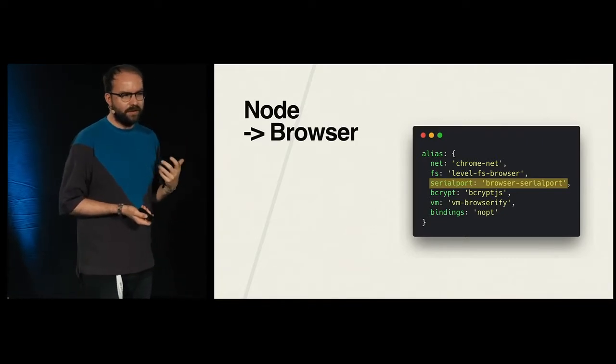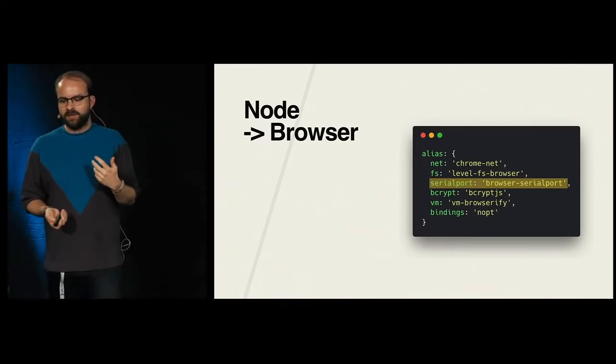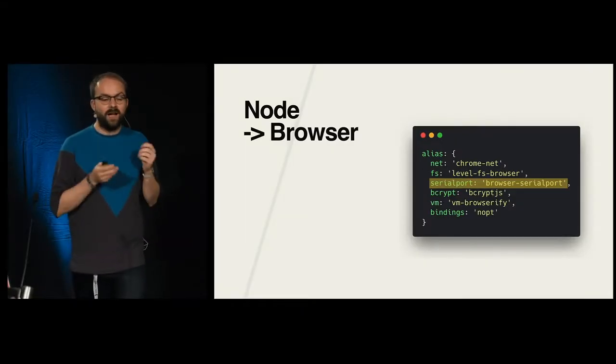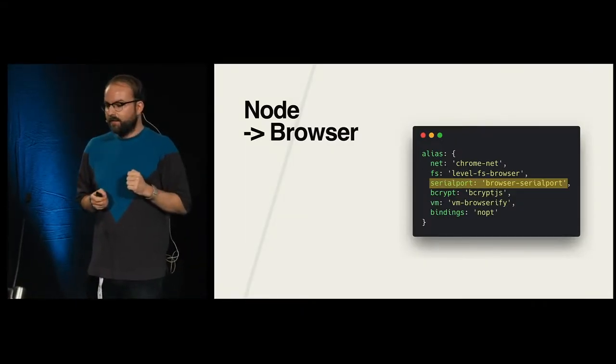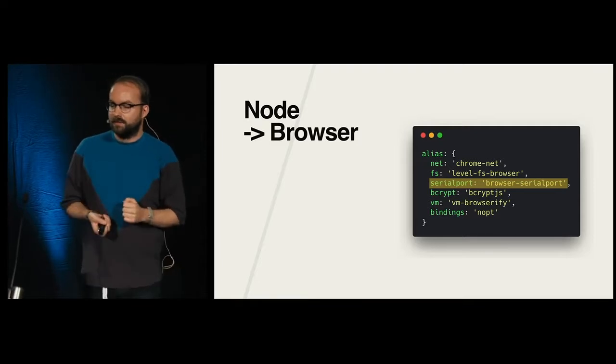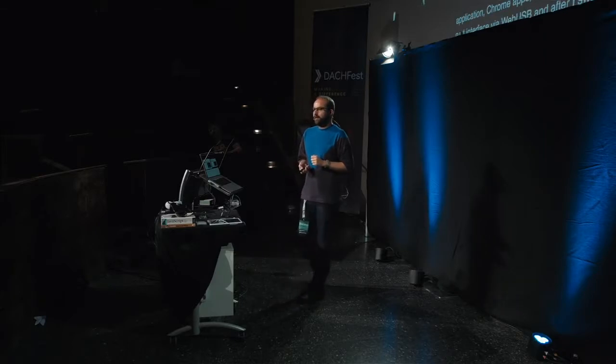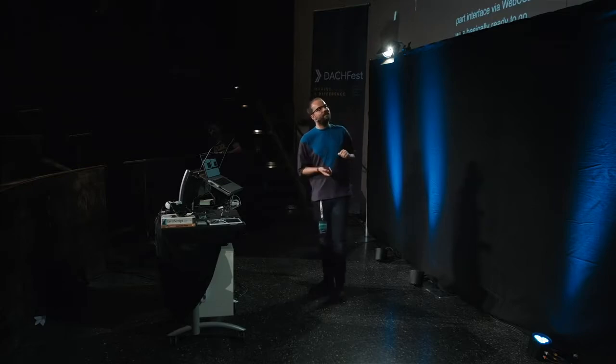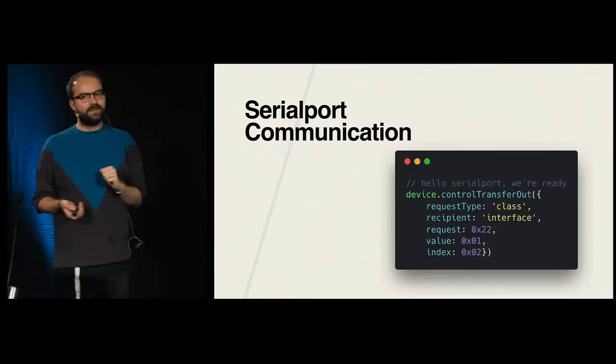So I'm using a fork of the browser serial port library, which was originally implemented for Chrome apps. But there is a fork of it which exposes the low-level serial port interface via WebUSB. And after I swapped those dependencies, I was basically ready to go. But I think the serial port is a great example to talk about the different configurations of the control transfers.